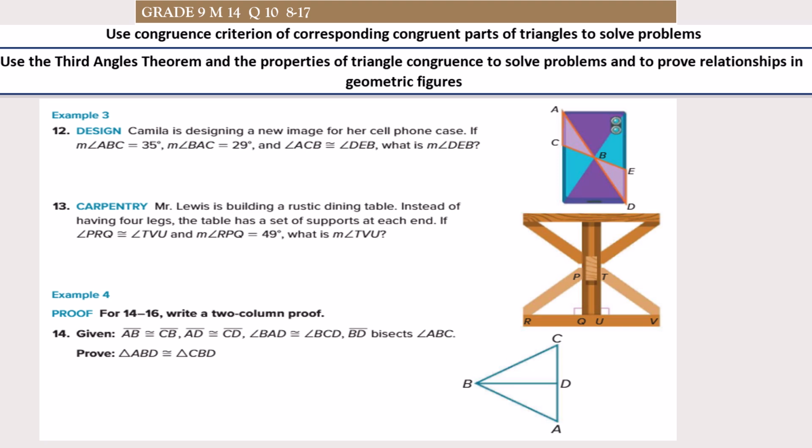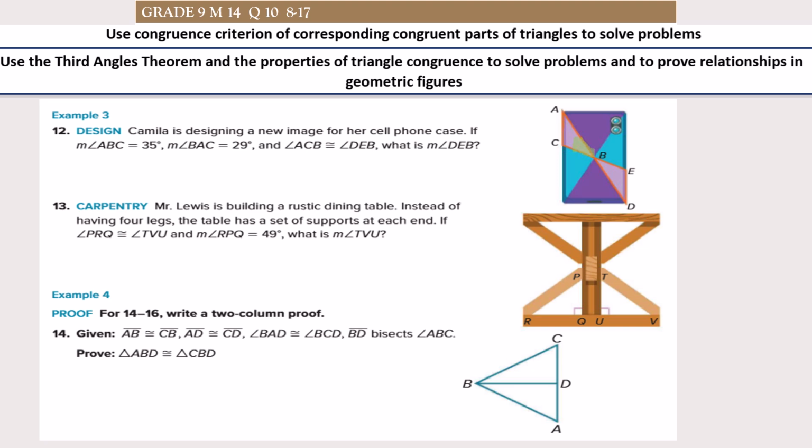Similarly, when you are given any kind of word problem, always fill in what is given to you. In this case, angle ABC is 35. So go to your diagram and find where is ABC. So this is ABC.